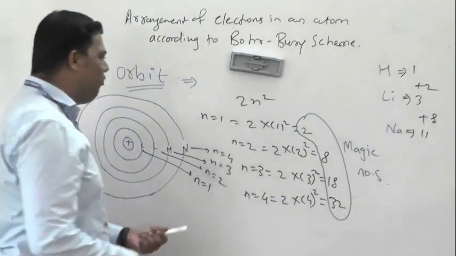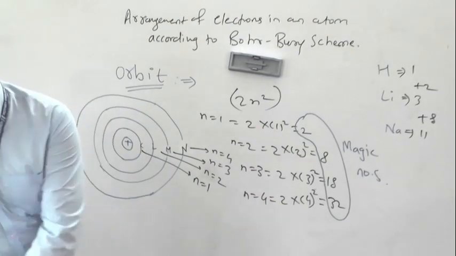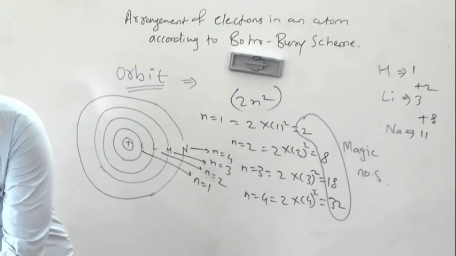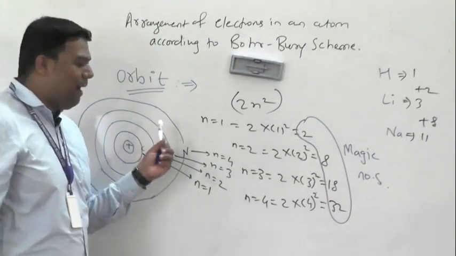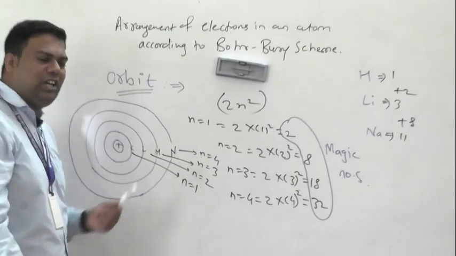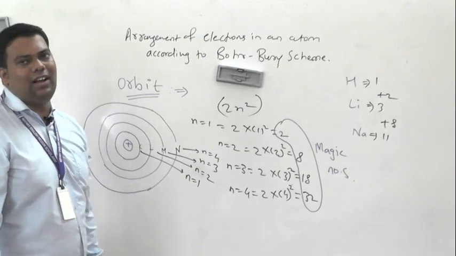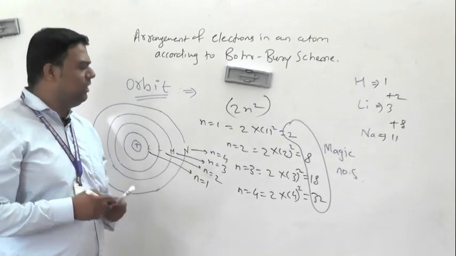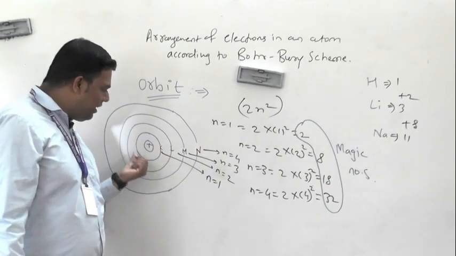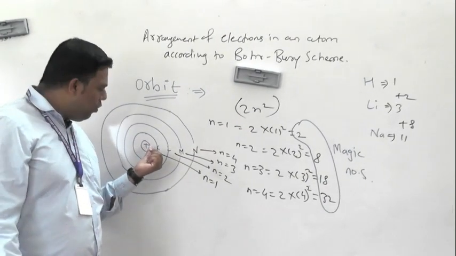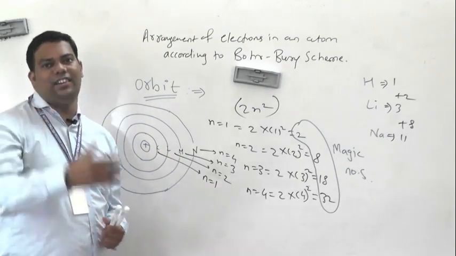So with the help of the formula 2n², we find the maximum number of electrons present in a shell. Then we fill electrons in order: lower energy first, nearest the nucleus, then higher energy.